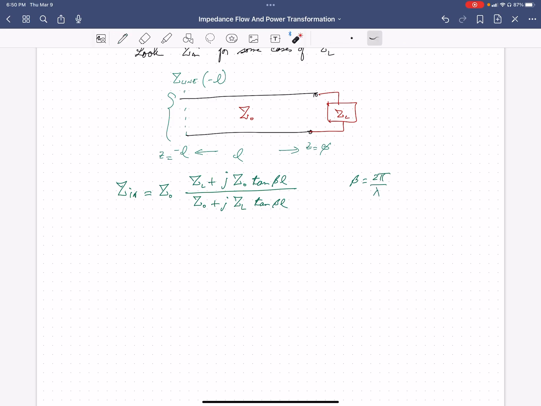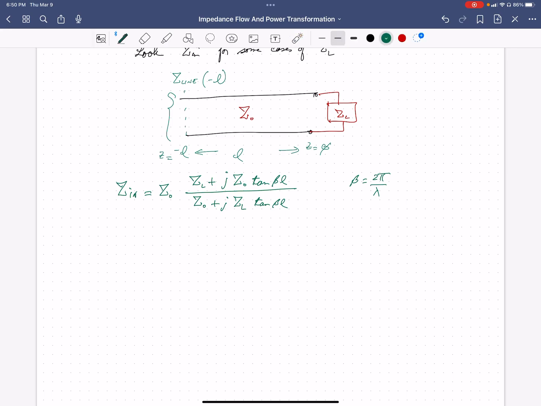This is the input impedance that the source would see. So the source, when injecting a voltage into this combination of a Z0 characteristic impedance transmission line with length L and a load Z sub L, would see an impedance that looks like Z in.